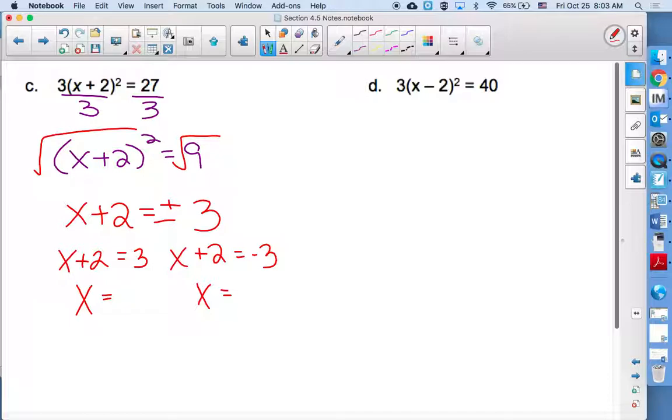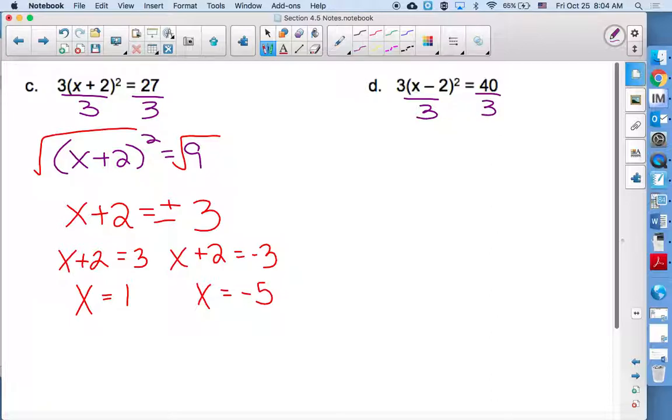So if I have x plus 2 equals 3 and x plus 2 equals -3. Oh, the -5. There you go, -5 and +1. So the x plus 2, getting that by itself gives us a positive 1 and negative 5. And then letter D, working through the same way.